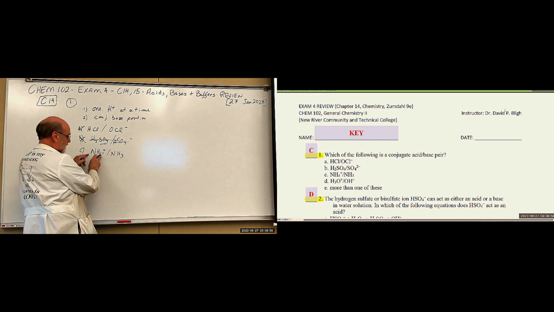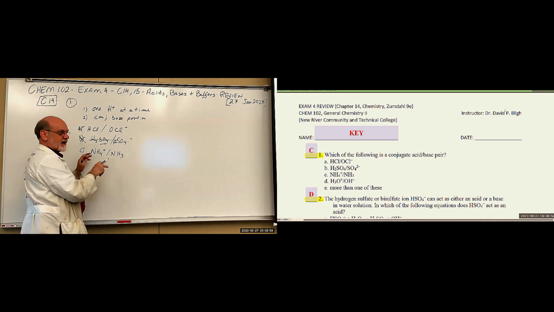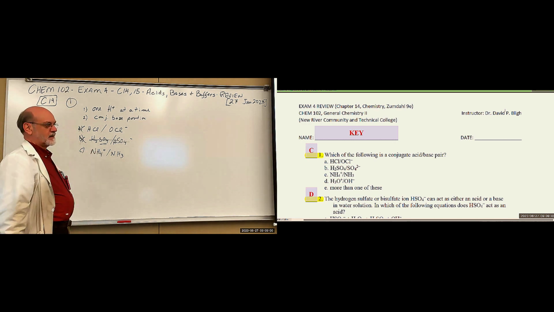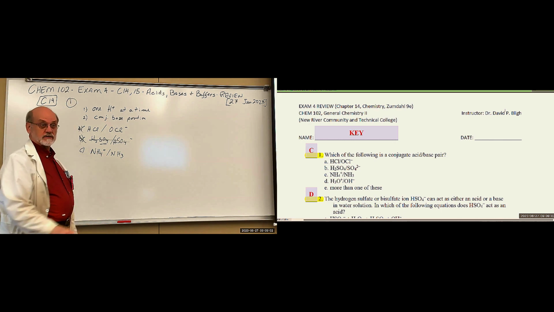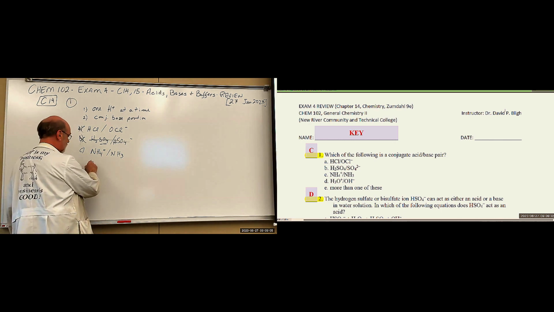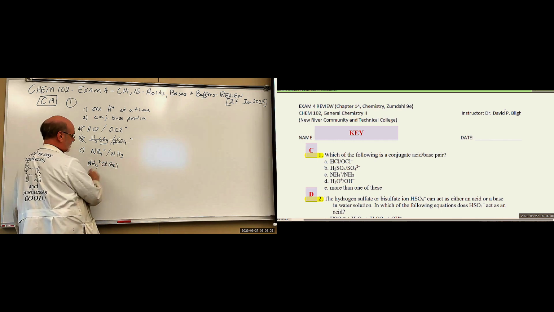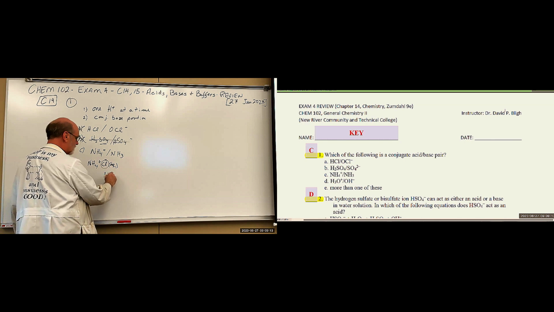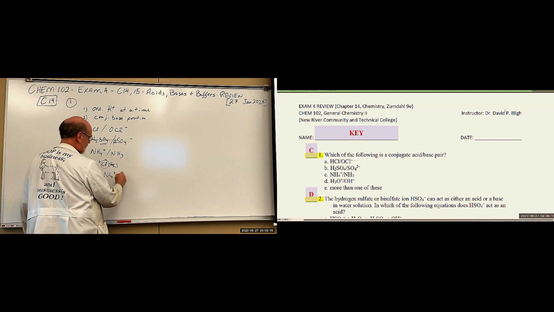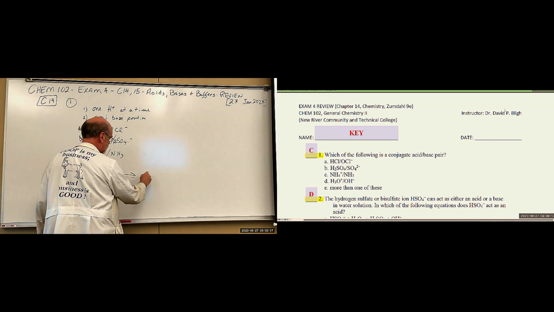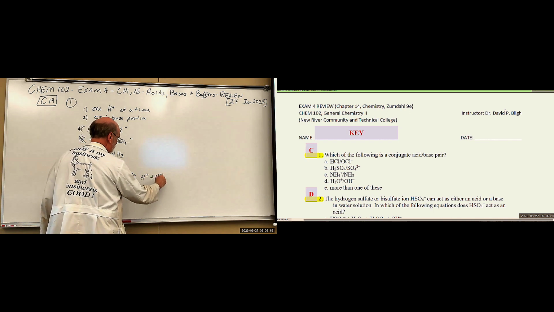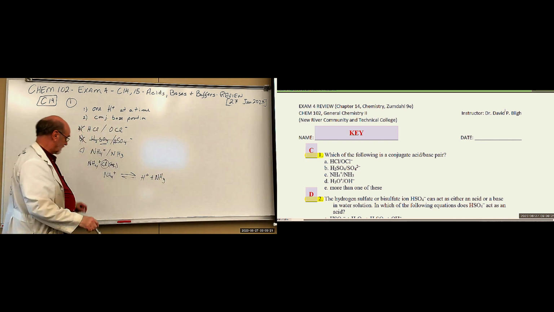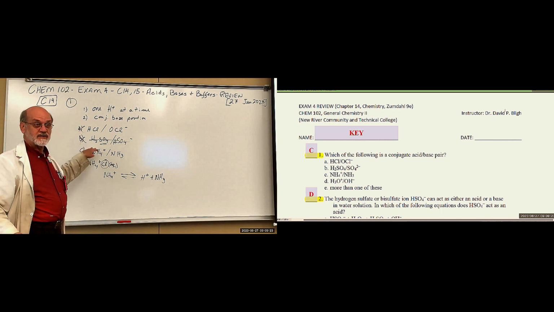But if you put this in solution, say as the chloride salt, then this is just a spectator. So now you would have your acid, and it would release a proton and make ammonia. So that's a valid acid-base pair.